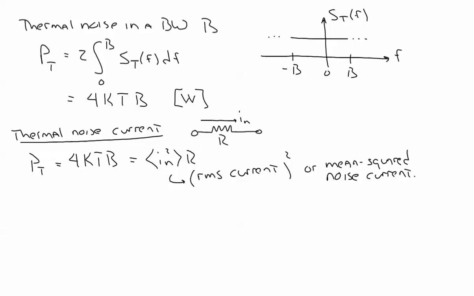And R in this case would be the Thevenin equivalent resistance looking into an input or output terminal of some black box circuit.